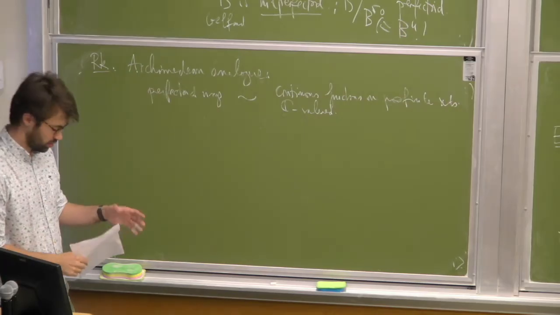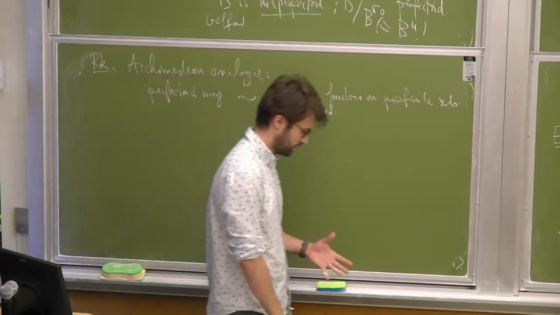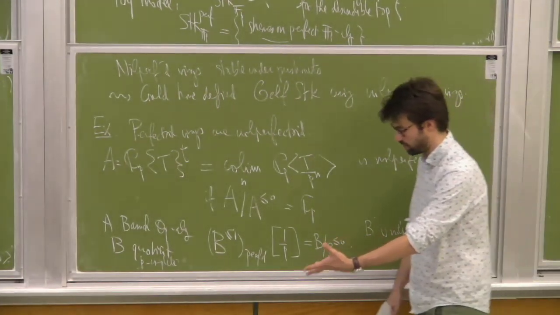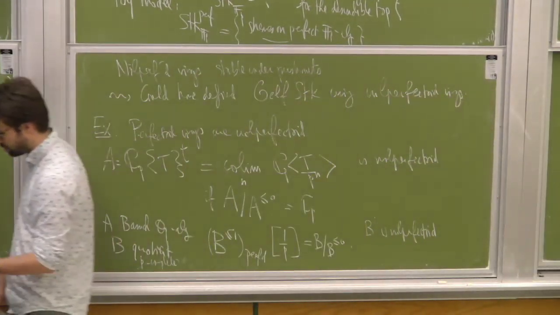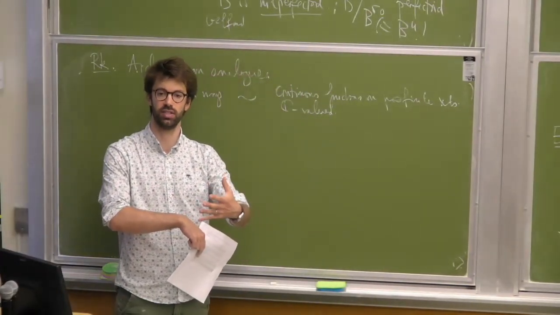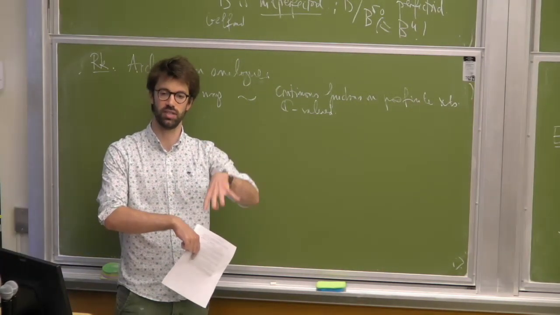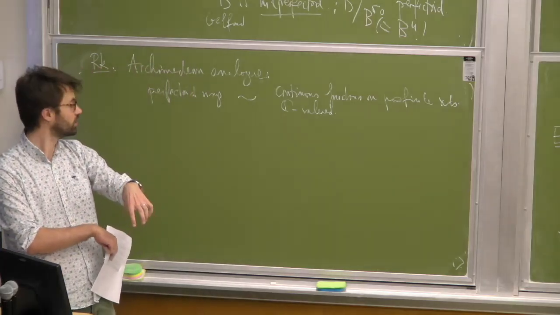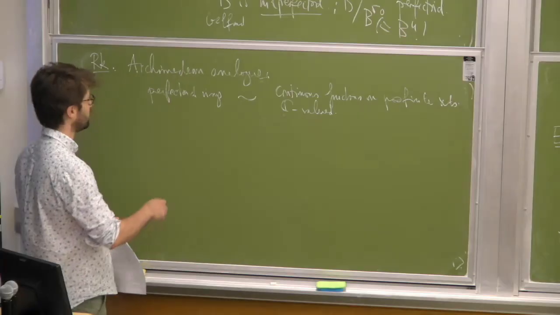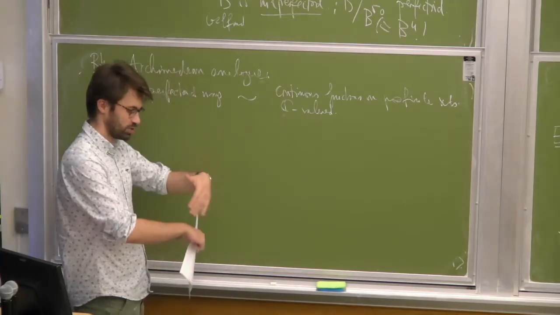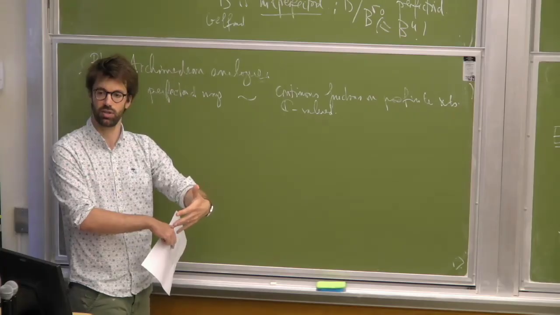Well, when you work with the arc topology, you can localize further: any perfectoid ring admits an arc cover by a strictly totally disconnected perfectoid ring. That means in particular that the Berkovich space is profinite, plus some conditions that the residue fields are algebraically closed and constant.